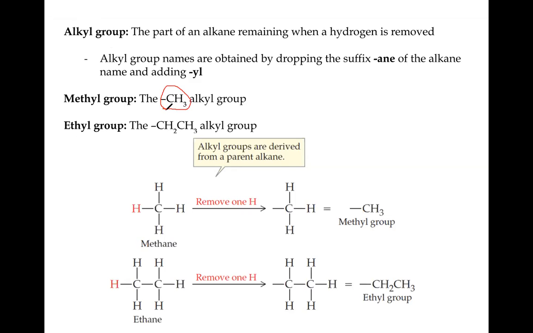CH3 is methyl. Likewise, CH2CH3, this first carbon has lost one of its hydrogens so that it can combine to some other part of another molecule. Now it's going to be an ethyl group. Ethane becomes ethyl.